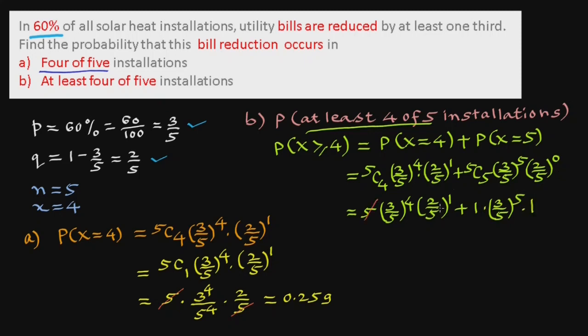This 5 cancels with this 5, which is (3 upon 5) raised to 4 into 2 plus 3 upon 5 into 13 upon 5, which works out to 0.337.